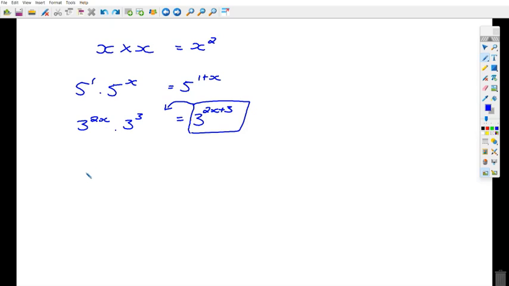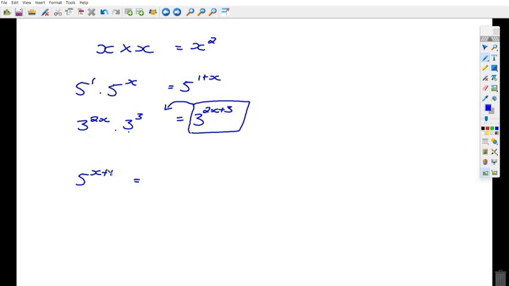If I say 5 to the power of x plus 1, how can this be rewritten? Can you see here, if I go from 3 to the power of 2x plus 3, all I did was separate each term. I had 3 to the power of 2x multiplied by 3 again to the power of 3. Basically you're separating the exponents into your bases of 3.